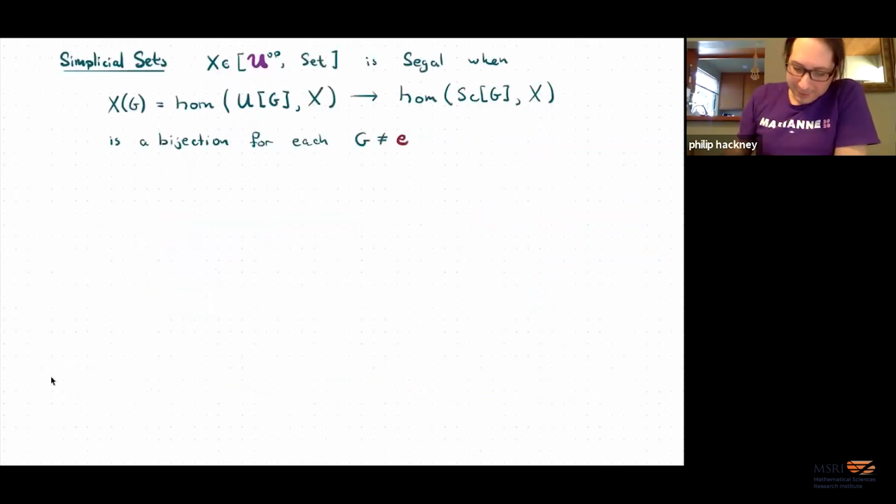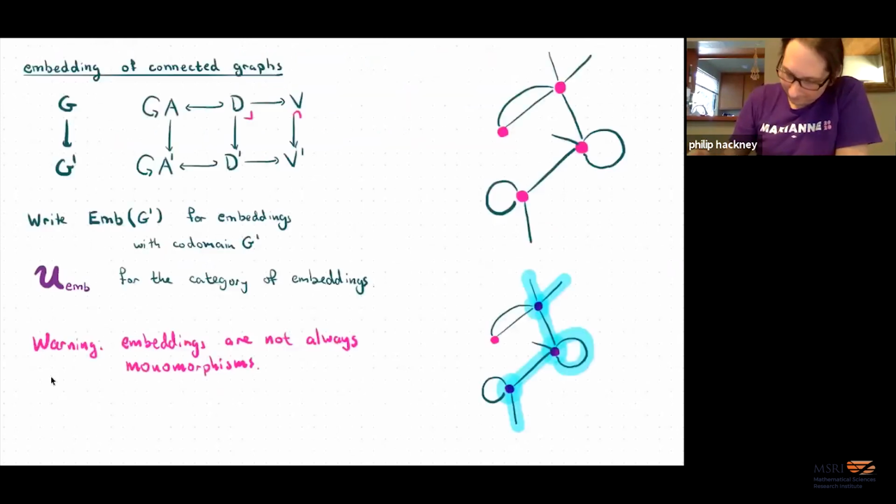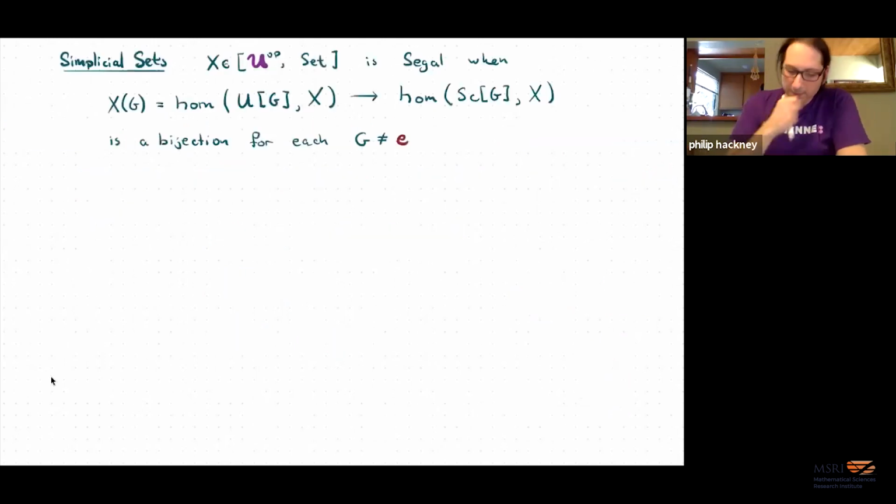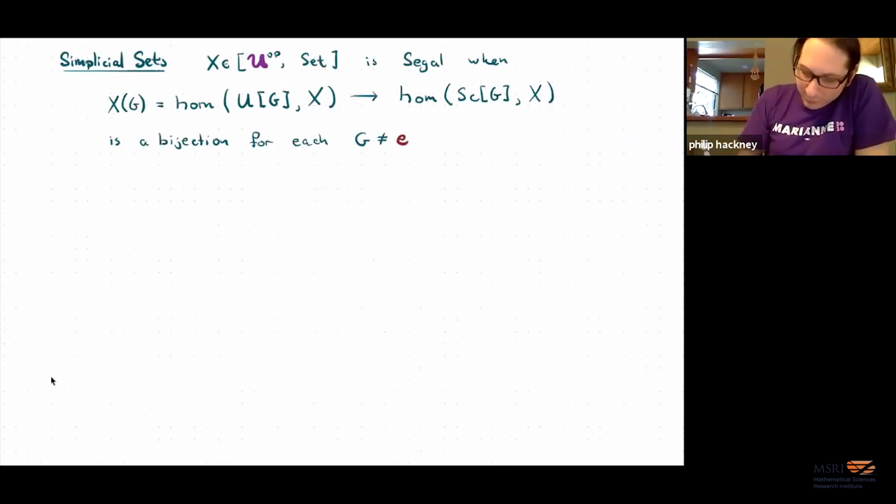And I guess we also had the second theorem. Here. So we should maybe shift our attention to simplicial sets and say what Segal means. And here I've just recopied this previous definition, but maybe let's adapt it.